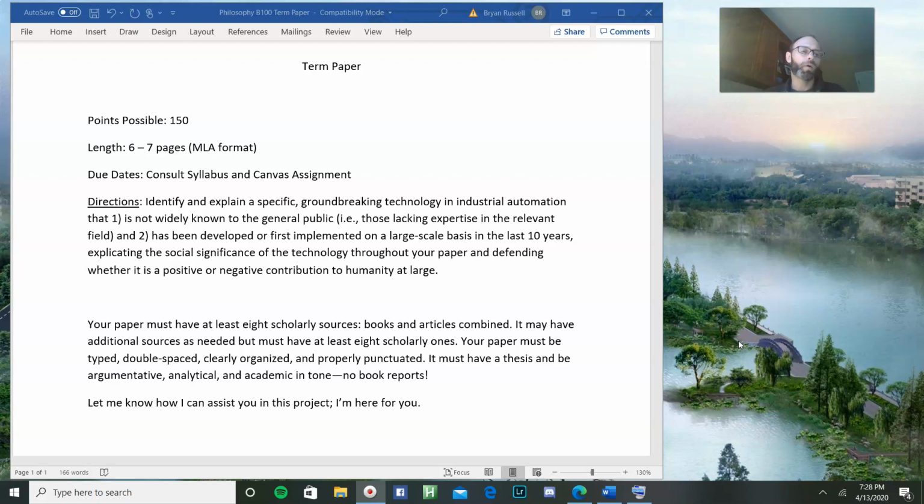So, let me talk about this right now. So in your first paper, you discussed an important technology in industrial automation that's come about in the last 10 years. In this one, you have to add on to it, talk about the social significance of the technology, and defend whether it's a positive or negative contribution to humanity at large.